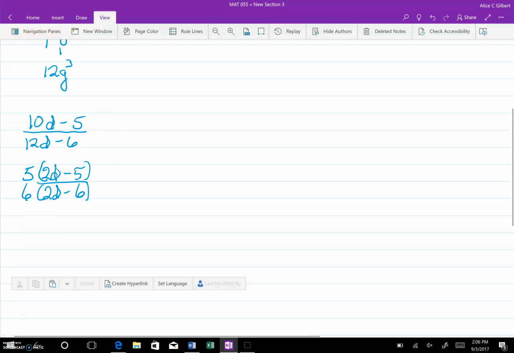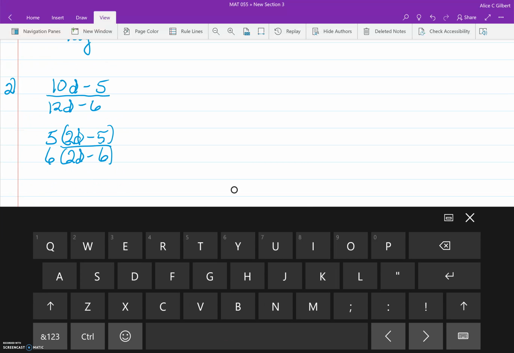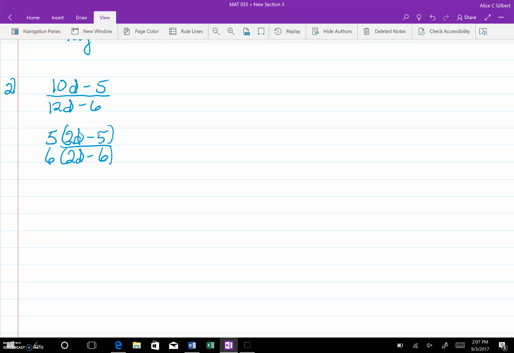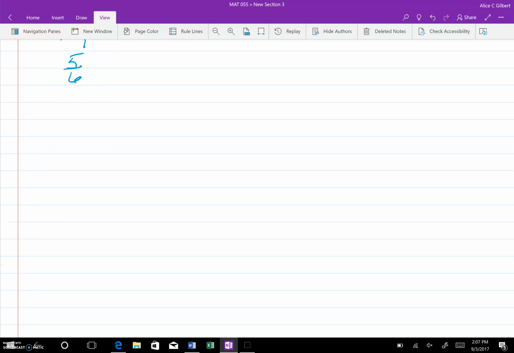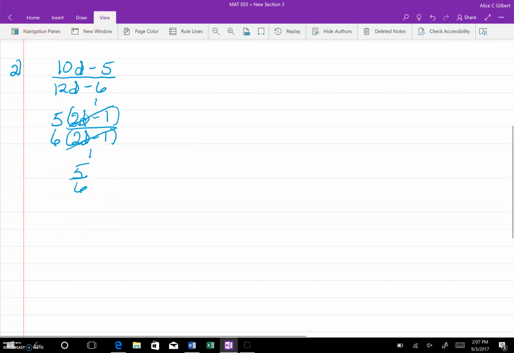But this whole thing, the 2d minus 1, is one thing. These ended up being the same thing, so the whole thing, anything over itself, equals 1, and our final answer then is 5/6. Sorry, can't talk and do this at the same time. Okay, I'm sorry if I confused you on that one. We'll keep doing some more so you won't get too confused.